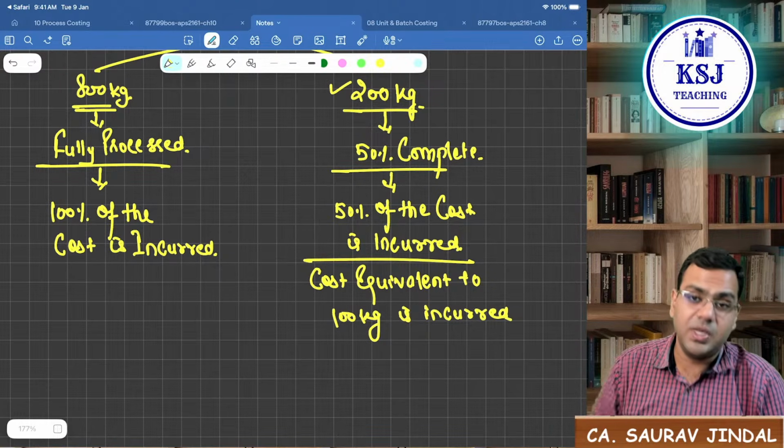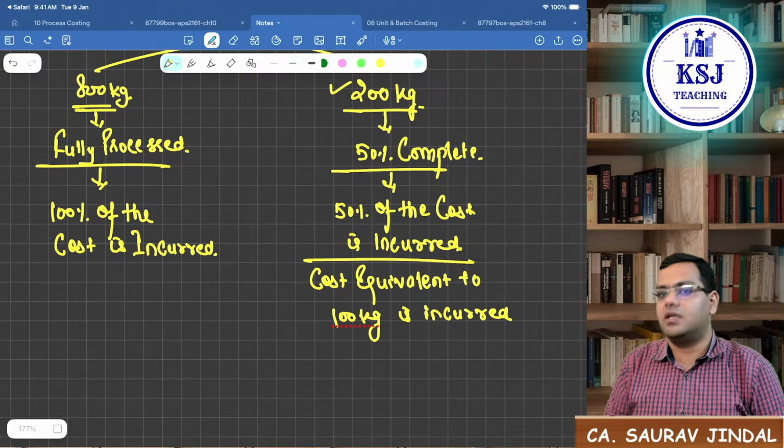Whatever is the cost which is to be incurred on 100 kg, that much is incurred.